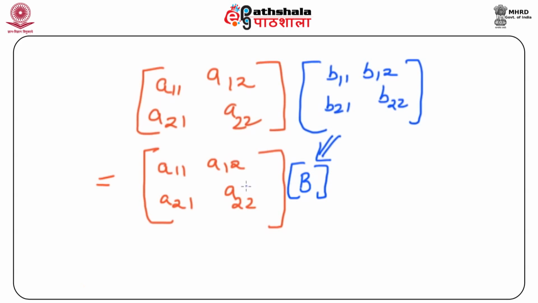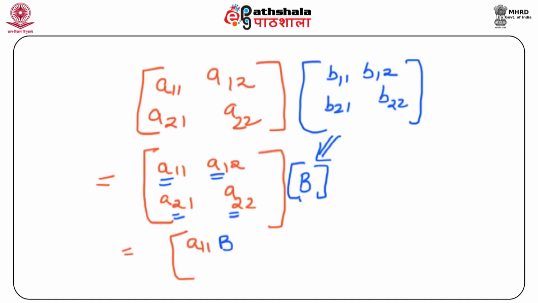So what we have to do is take each element of A and multiply it with B. So this can be written as A11 multiplied by B.